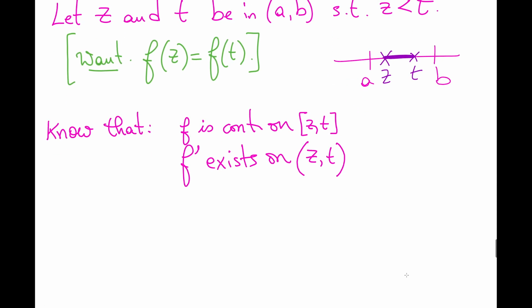All right, so what do we have? We have that f is continuous on the closed and bounded set [z, t], and we know that f is differentiable on the interior of the set [z, t].